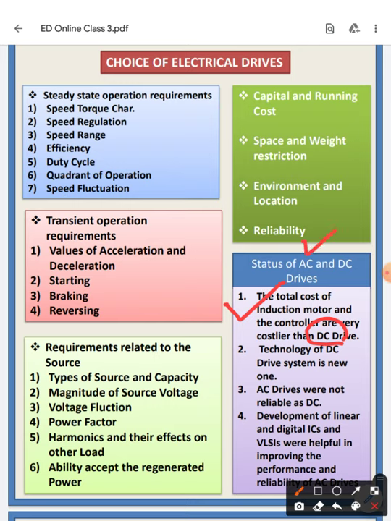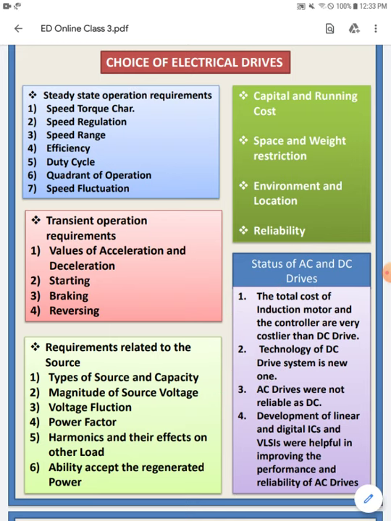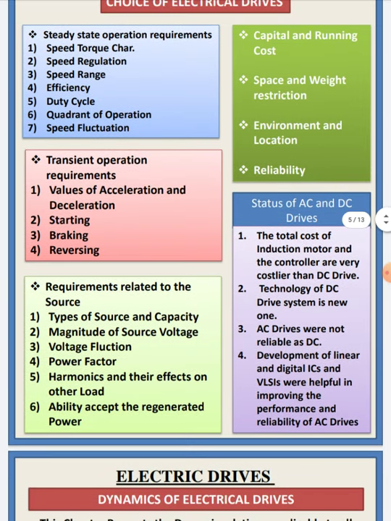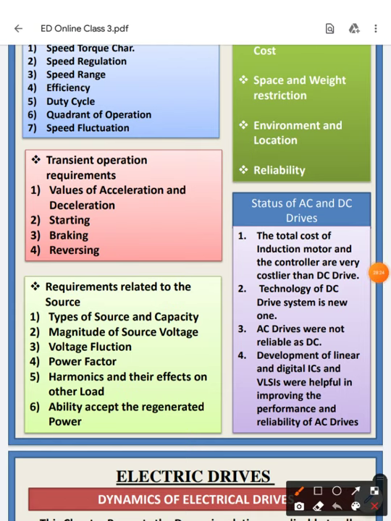The technology of the DC drive system is an older one, whereas AC drives were not as reliable as DC. And the next one is that the development of linear and digital ICs and VLSIs was helpful in improving the performance of your AC drive. This is the main part.